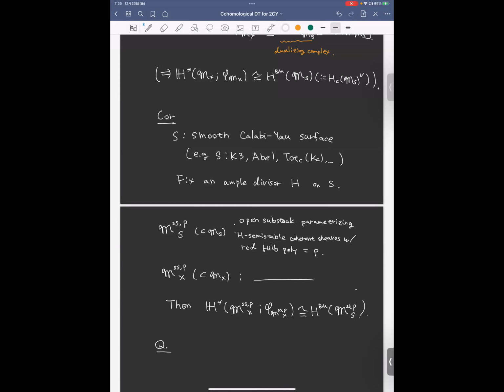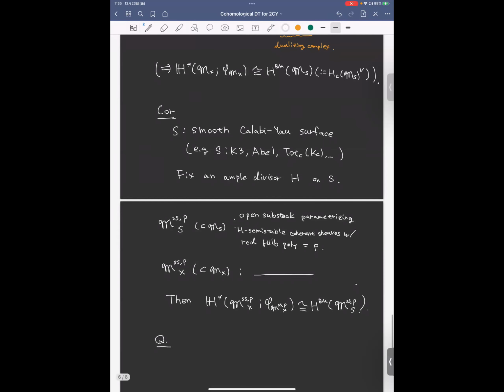So a natural question, and one of the main themes of today's talk, is what can we say about the Borel-Moore homology of this moduli stack using the above isomorphism?